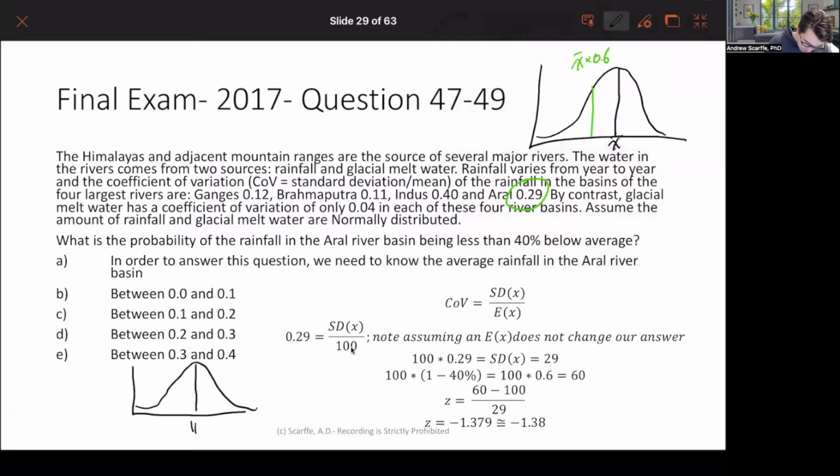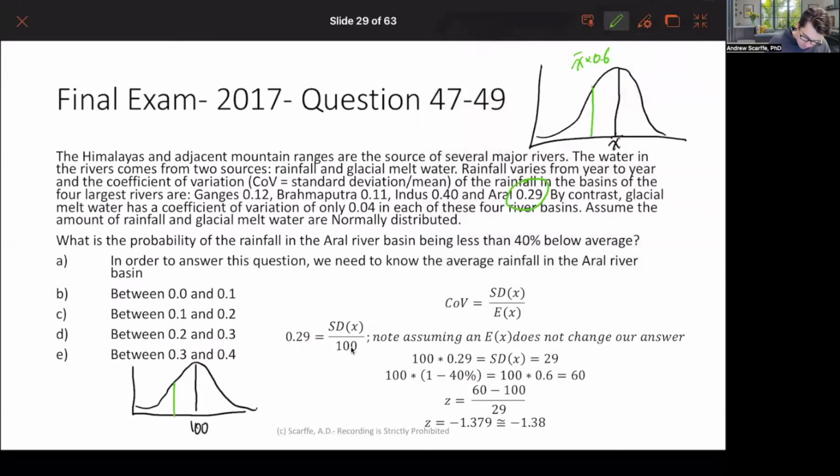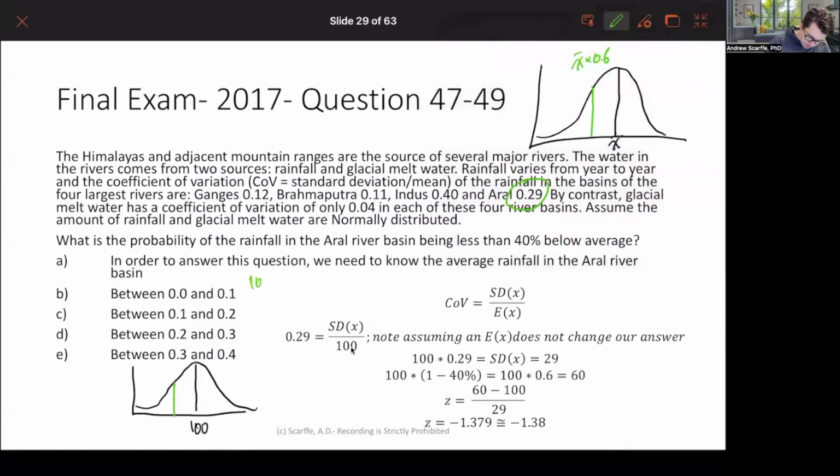If we assume a mean of 100, 40% below 100 is just 100 times 0.6, or we could say it's 100 times 1 minus 0.40, which gives us 100 times 0.6, which gives us 60.